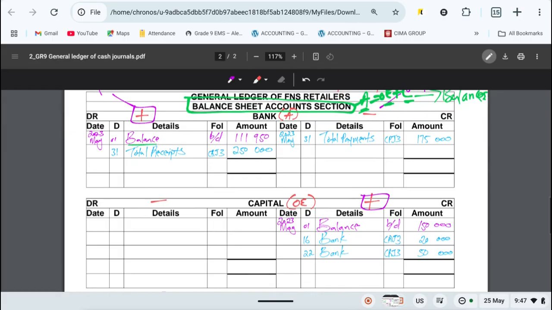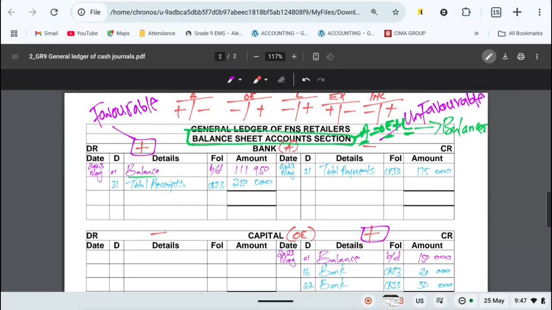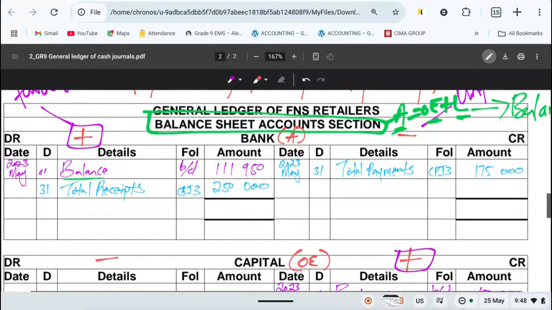Let's do it now. Let's start with bank. So there are so many ways to actually balance this. Firstly, compare your positive side and your negative side, and then subtract them from each other and see what is the difference.